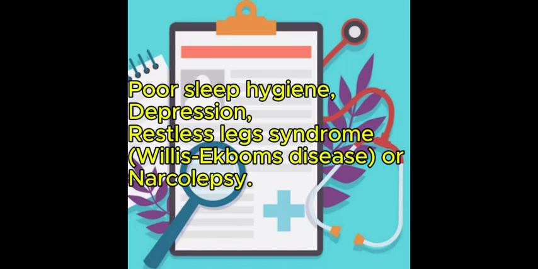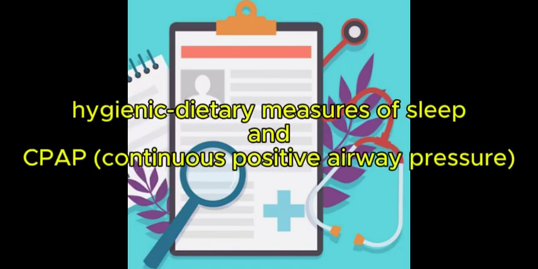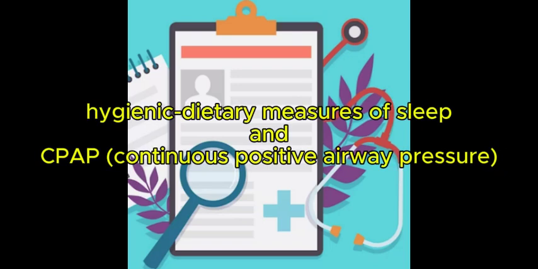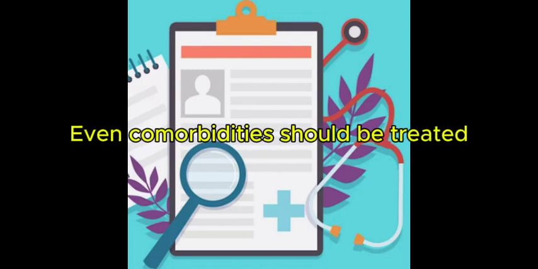Differential diagnosis. Among the most common circumstances are poor sleep hygiene, depression, periodic leg movements, or narcolepsy. Treatment. The two basic pillars of treatment are hygienic dietary measures of sleep and CPAP. The presence of other pathologies in which sleep apnea-hypopnea syndrome could be a risk factor, stroke, hypertension, diabetes, among others.